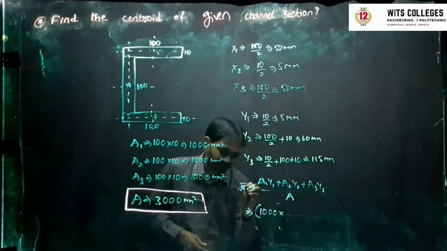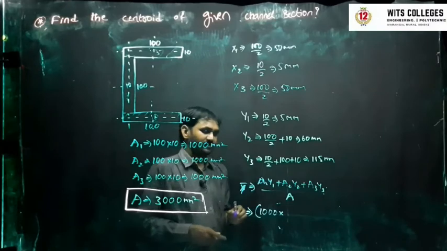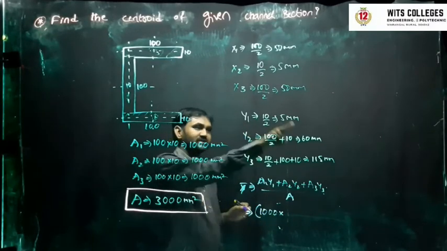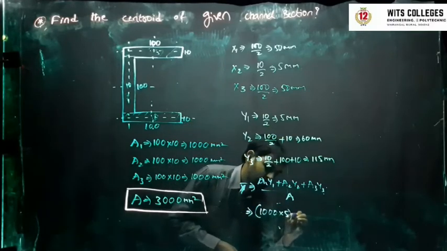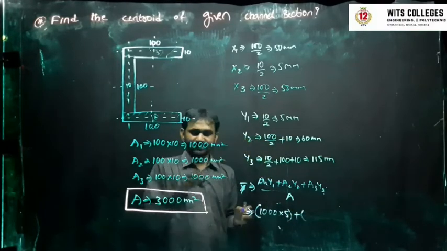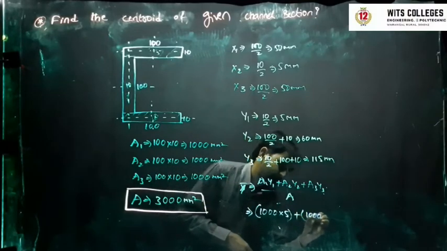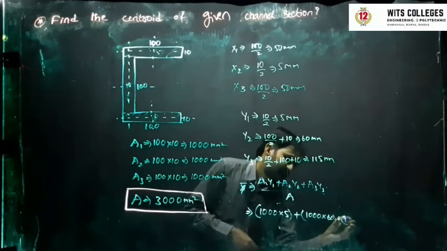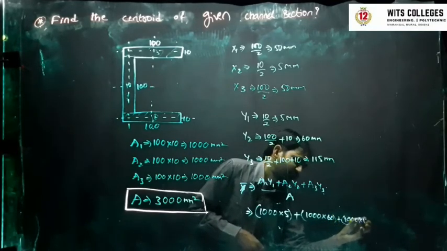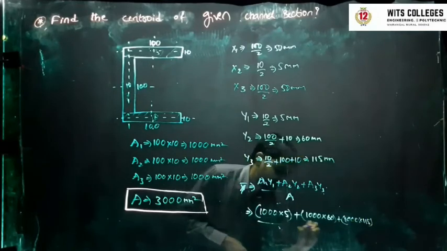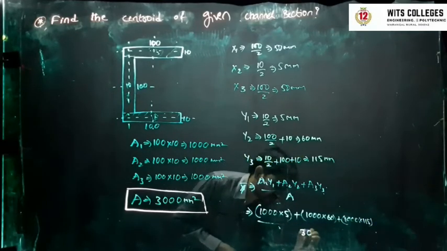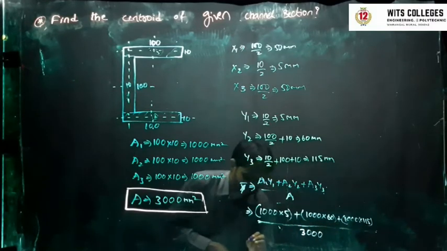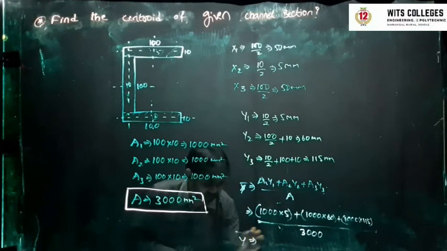Sorry, if it is y bar, this is y direction, y bar in the sense I am calculating y bar. A in the sense 1000, y1 in the sense 5 mm, plus A2 is 1000 into y2 is 60, plus A3 is 1000 into y3 is 115, divided by 3000. So I'll get y bar.